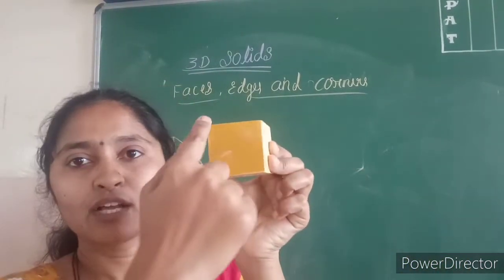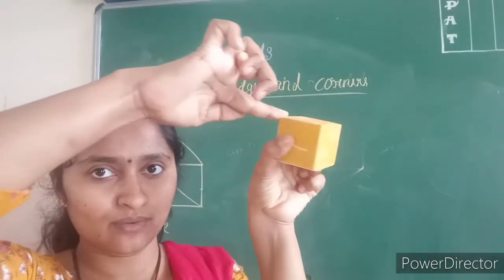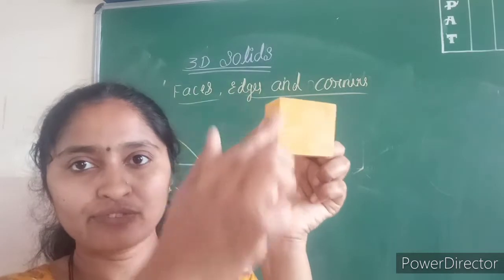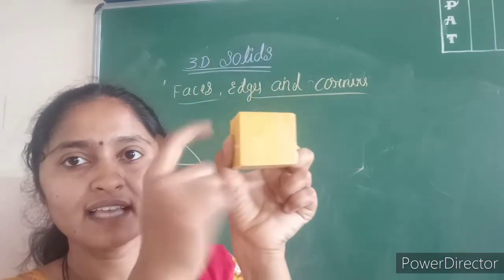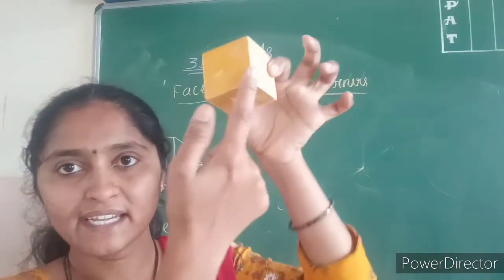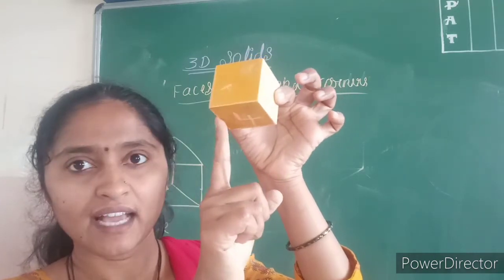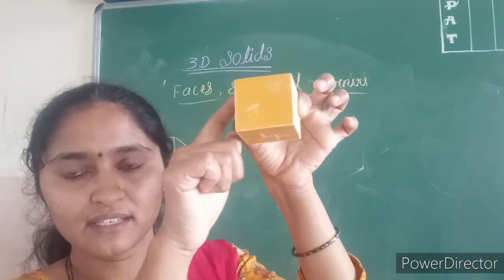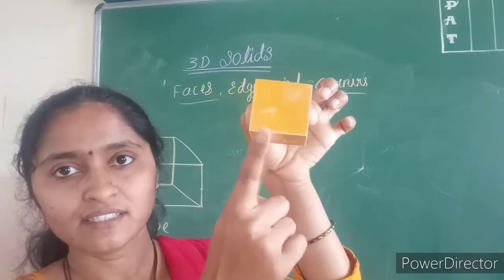See here, one more time I'll show you how many edges it has. 1, 2, 3 and here 4. Now 5, this one is 6. And this side 7, 8. And now down, 9, 10, 11, 12.